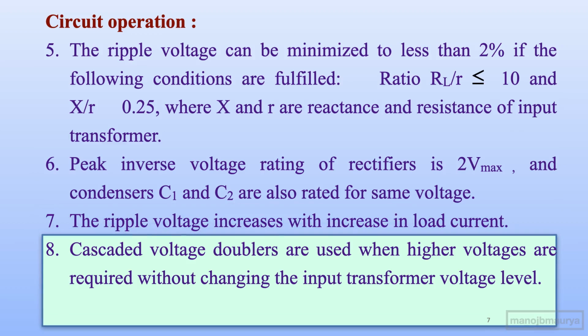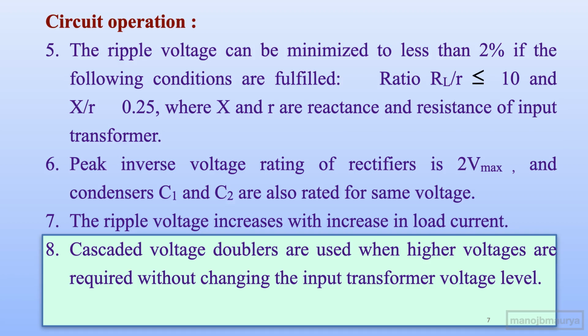The cascaded voltage doublers are used when higher voltages are required without changing the input transformer voltage level. If you are interested in obtaining voltages higher than twice Vmax, then several voltage doublers may be connected in cascade without using a higher rating transformer or without changing the input transformer voltage level.